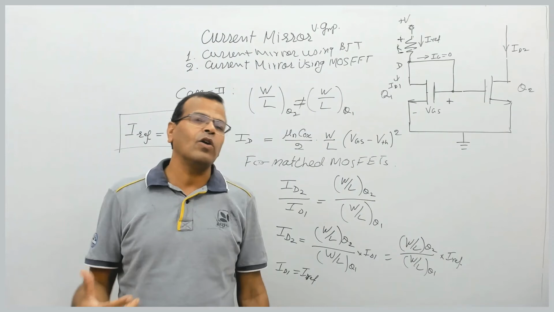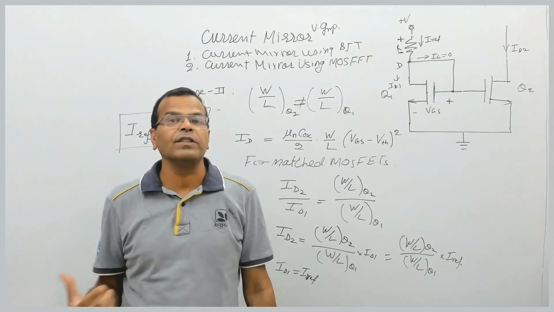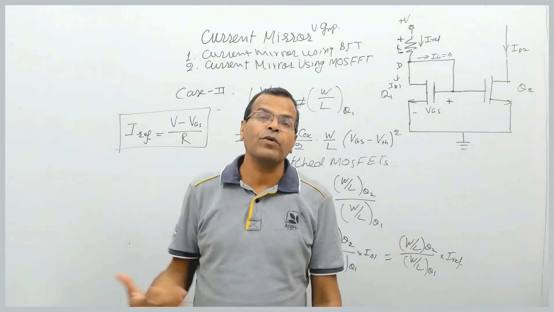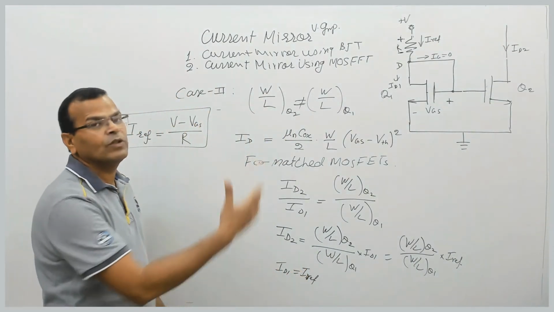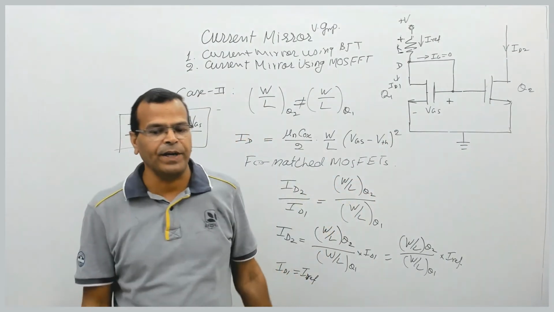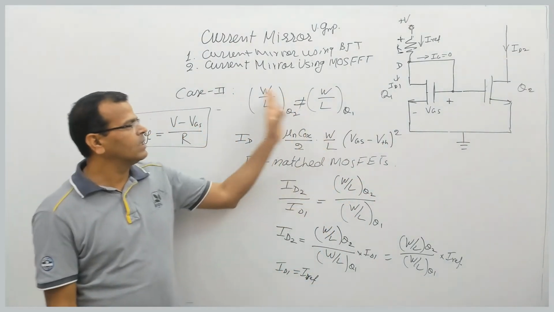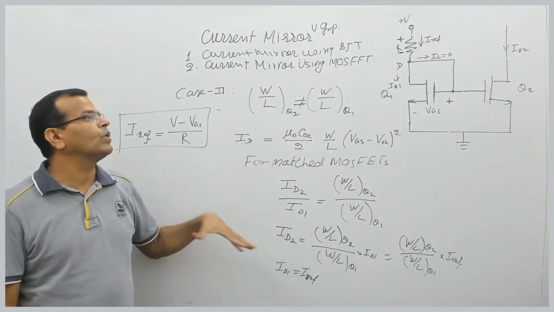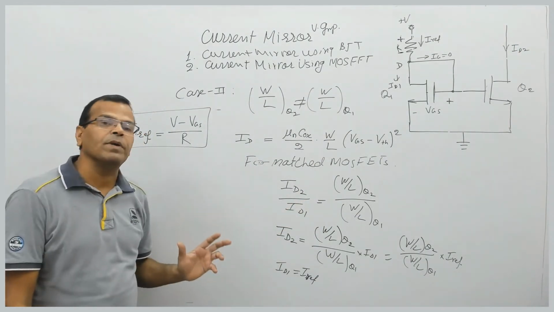It is still not that important for engineering services and civil services exams, but in GATE there are many questions based on MOSFET. So that's why the MOSFET current mirror circuit is important for the GATE exam. Fine. I hope you will remember this expression. Just by remembering these concepts, you can solve all the questions based on current mirror circuits.